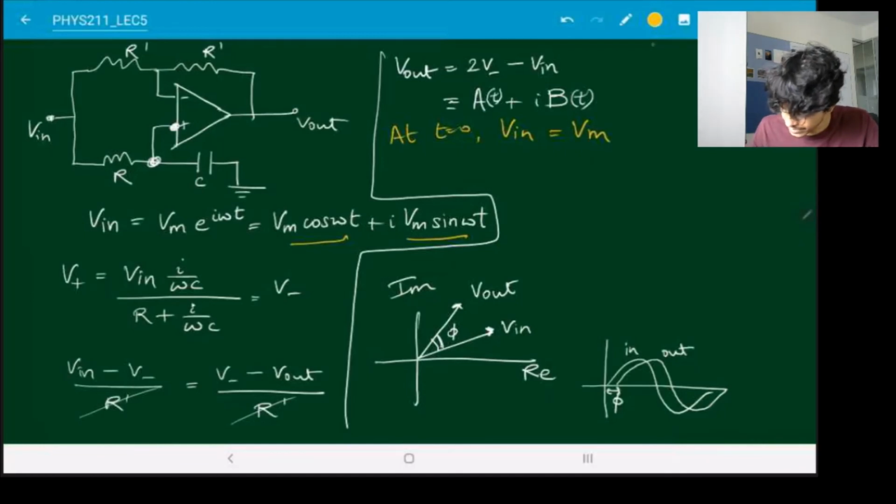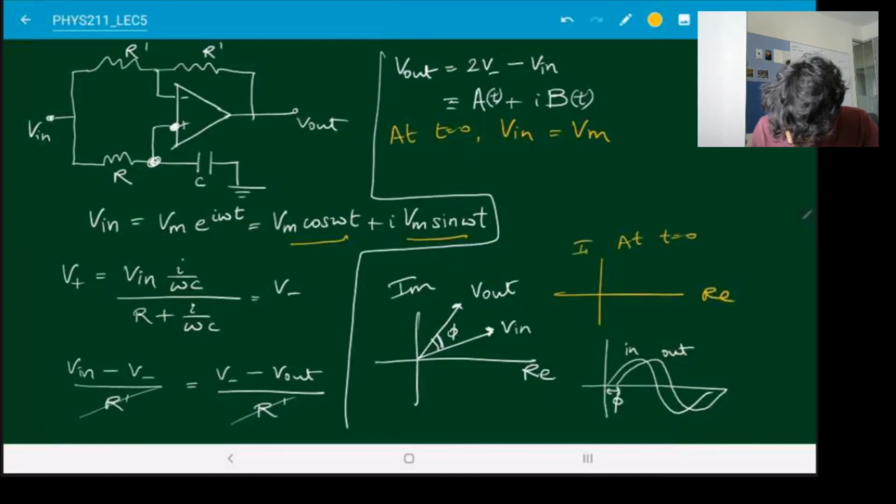So what is happening is, instead of this picture, at time t equal to 0, real, imaginary, my V in is just along the x-axis, and my V out will also rotate accordingly. And now this is the phase angle that I want to calculate. So the phase angle now is just the angle of this complex number V out.